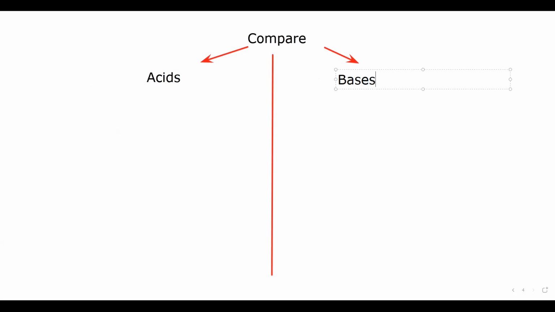The definition of acid: they are proton donors. They donate H plus ion. What is a base? They accept H plus ion or donate OH ion.